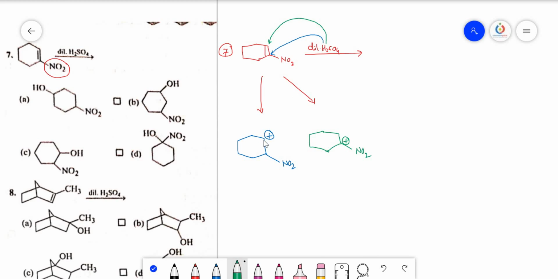So this particular carbocation is more stable. Why? Because the NO2 part, which is an electron withdrawing group, is away from this positively charged carbon, whereas in the other case the NO2 part is connected to the positively charged carbon, where it makes the cation more unstable. So that is the reason why this preferable attack will take place. So I will write down that particular reaction. So here NO2 and here the positive charge, and since it is dilute H2SO4, I am not writing the HSO4- step; you just take the water directly.